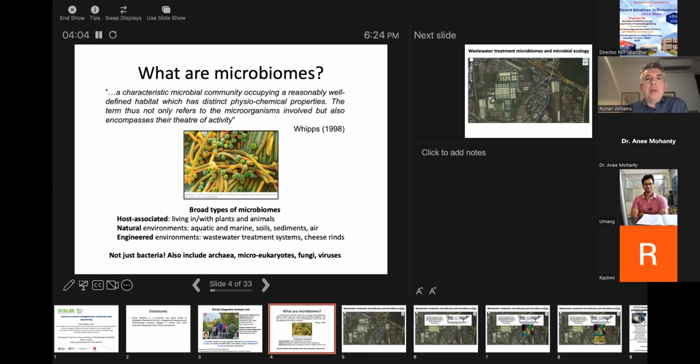I should also point out that, of course, microbiomes can be host-associated, living within or with plants and animals. They are also an incredibly important part of the natural world: aquatic and marine environments, soils, sediments, but also air.